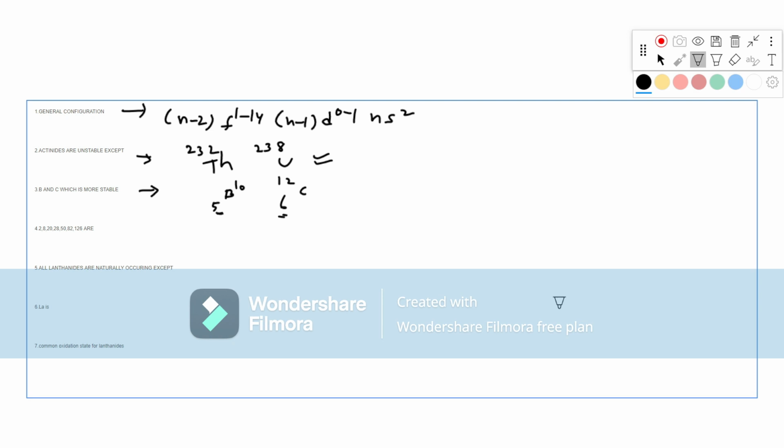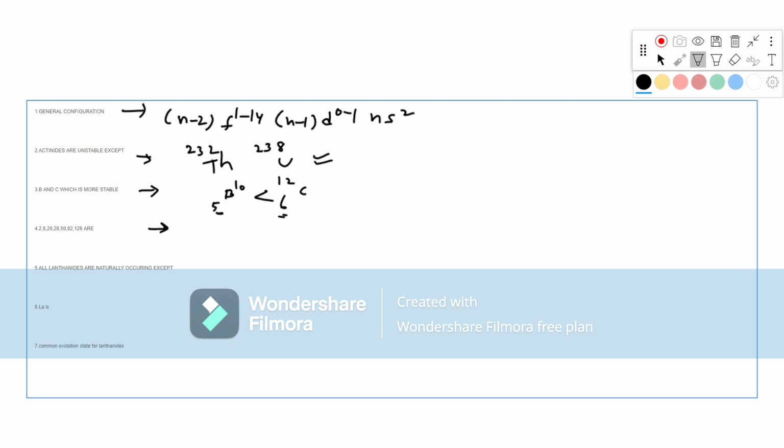The element with an even number of protons is more stable than odd, because an element with an odd number of protons has 2 or more isotopes. So in these two, carbon is more stable than boron.